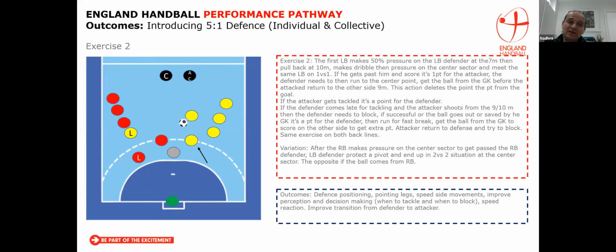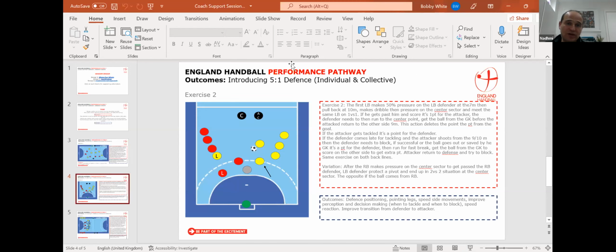Okay, then the variation which is shown now on the screen. The gray point is the pivot line player. When the yellow one, the back player, makes pressure on the back defender, then that pivot will be protected by the red defender.